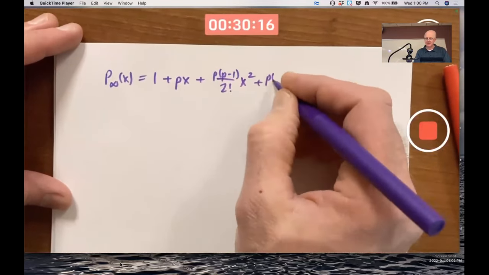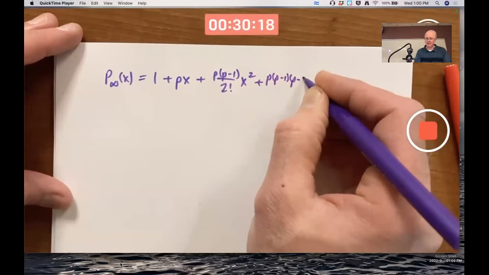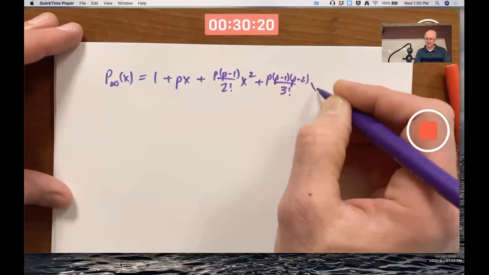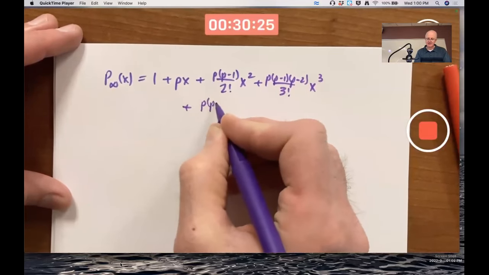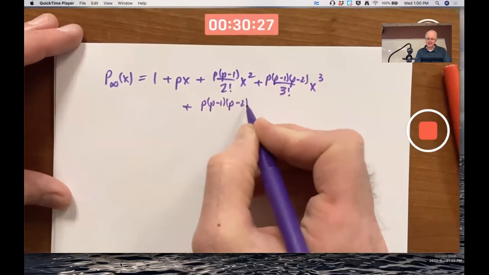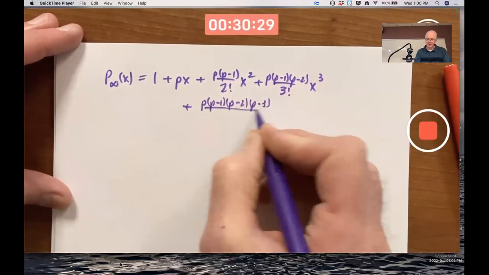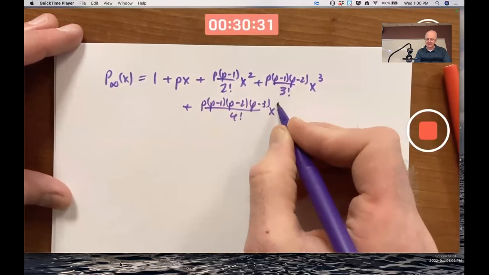Then p times p minus 1 times p minus 2 over 3 factorial times x cubed, plus the next one would be p times p minus 1 times p minus 2 times p minus 3 over 4 factorial times x to the 4th, etc.